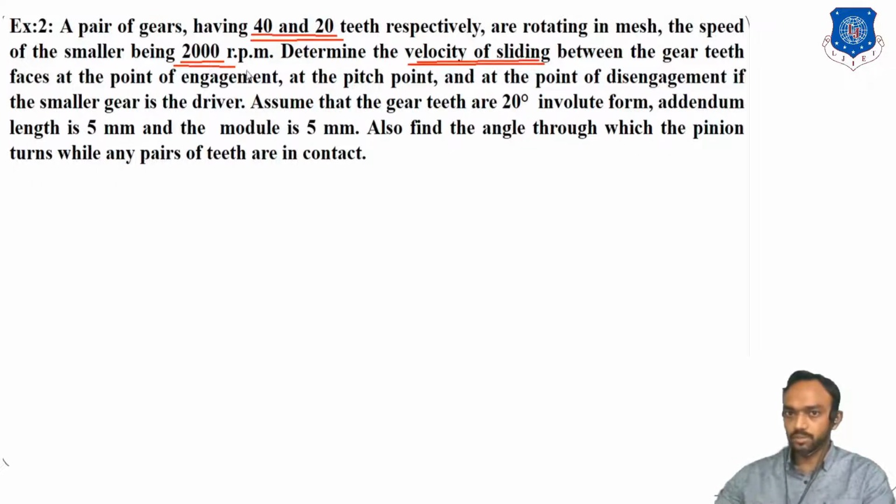Sliding velocity of gear teeth at a point of engagement, at the pitch point, at a point of disengagement. We have to find how many speeds? 3 speeds. If the smaller gear is the driver, assume that phi is equal to 20 for involute profile. Addendum is given 5 mm and module is given 5 mm. Okay, so let's write all this data here.